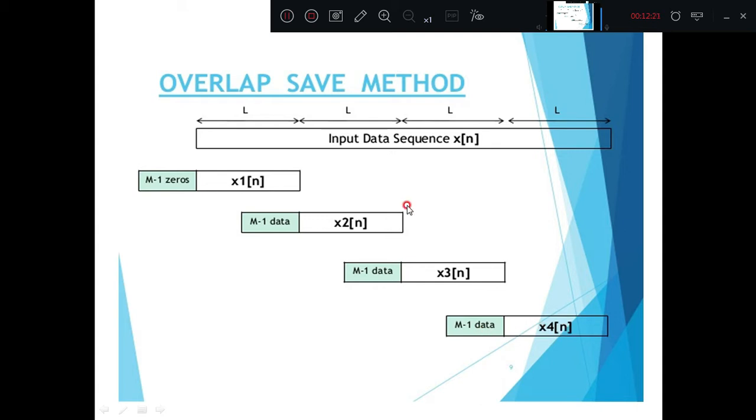So this is how we segment or divide the long input data sequence into a number of blocks, right? Only for the first block you have to add m minus 1 zeros, and for the second block you take the last m minus 1 samples and add them at the beginning of x2 of n. Similarly, the last m minus 1 data to x3 of n, and the last m minus 1 data of x3 of n to x4 of n, right?